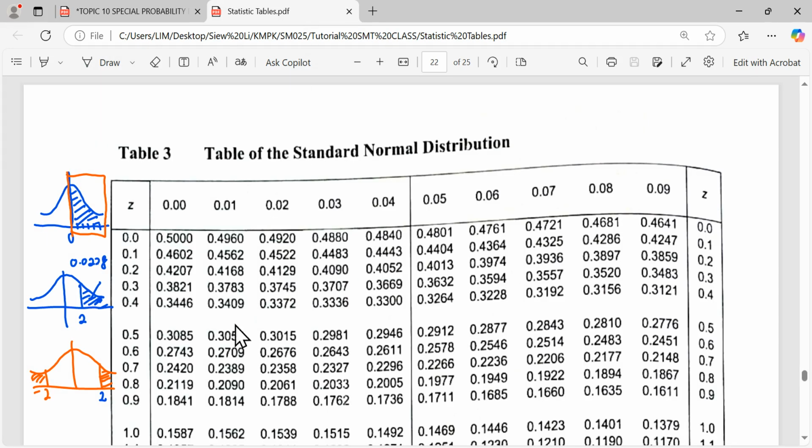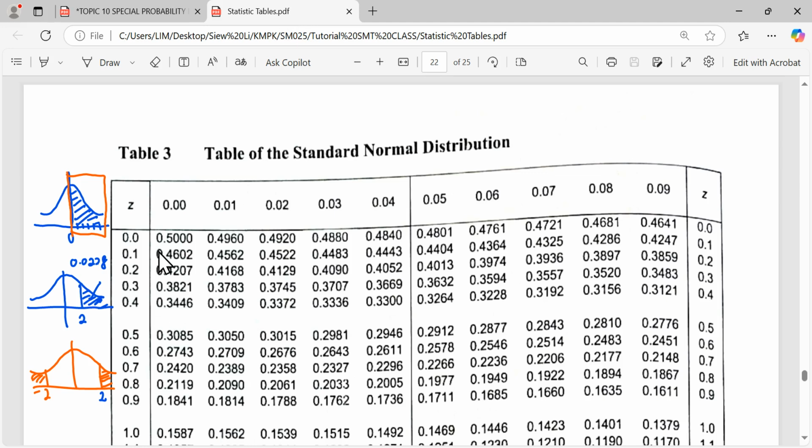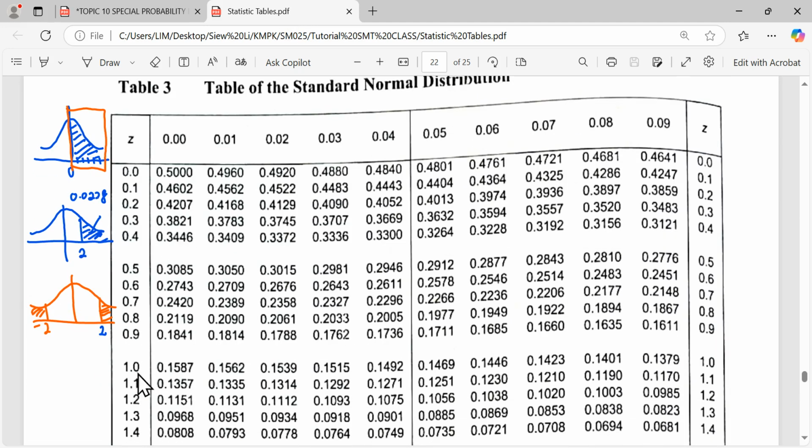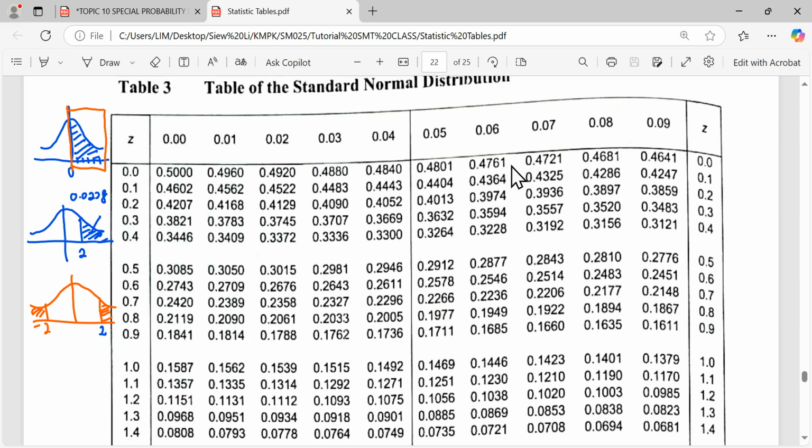In our table, we only have the tail region. It is a right tail region, so the left tail will be equal to the right tail. When we want this region, you can see this region is more than half already. So when I want to get this part, it will be 1 minus the tail region for negative 1.67. We read it as the tail region for the positive 1.67. Read it from the standard normal distribution table: 1.6, and then go for 7.